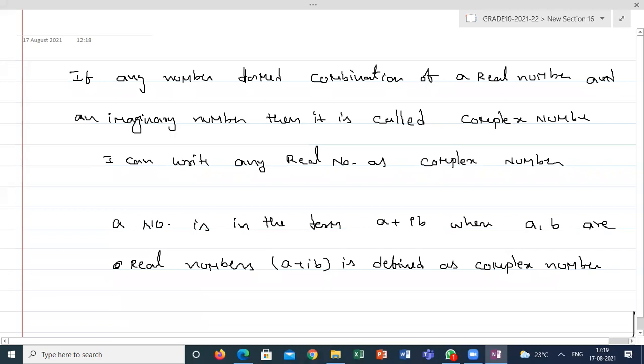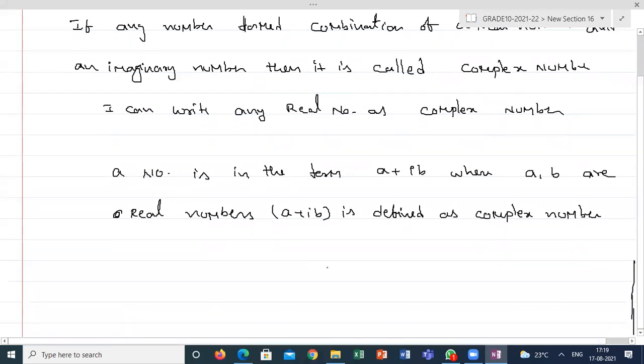Now I'm saying each and every real number I can call a complex number.